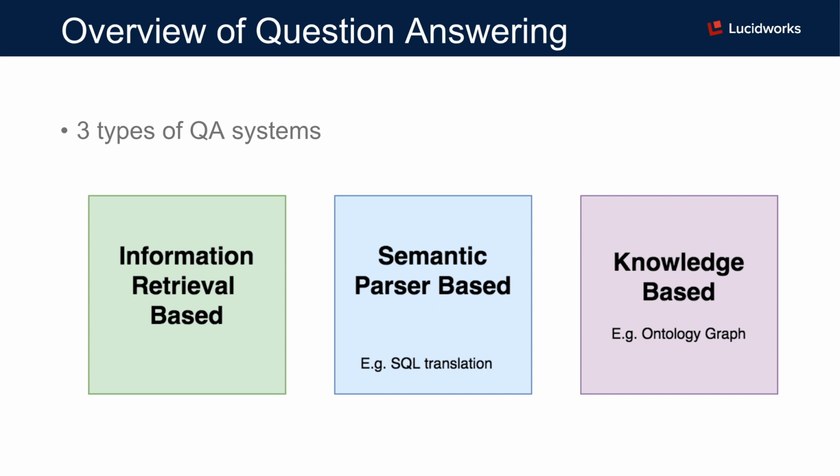The third type of question answering system is a knowledge-based system where you build ontology and graph systems and use the relationships between the vertices of the graph to find an answer. Semantic knowledge graph is an example of such a system. Today we are going to focus on the information retrieval based QA system and look at the components required to build that.